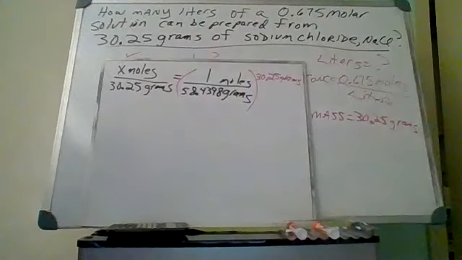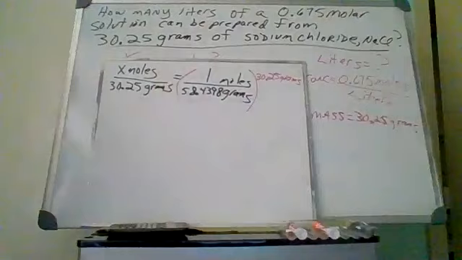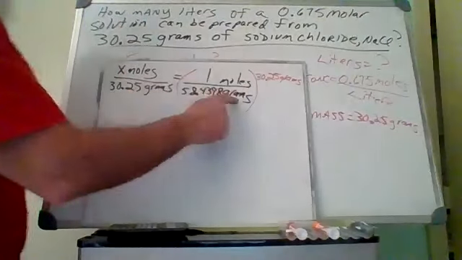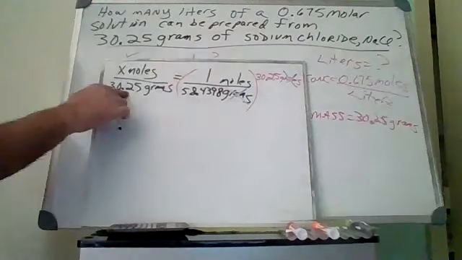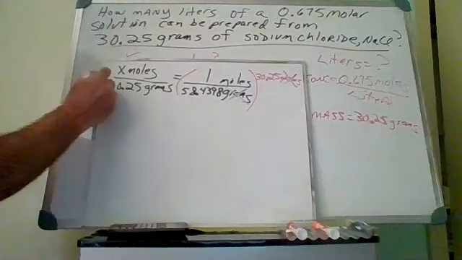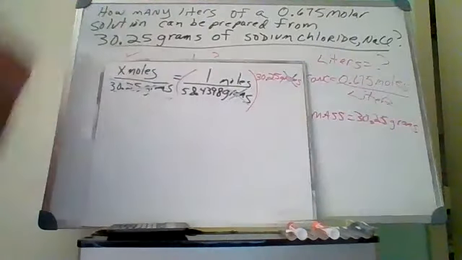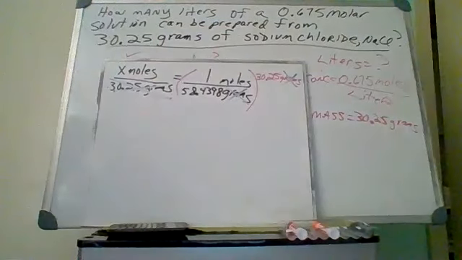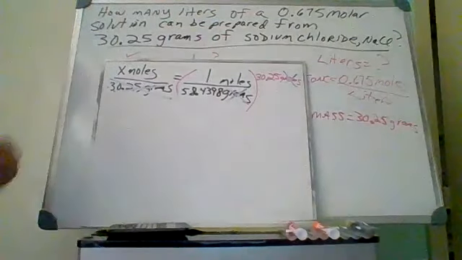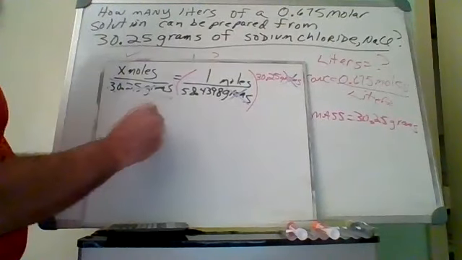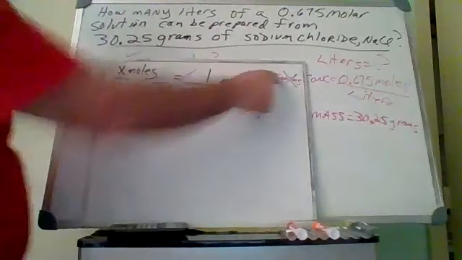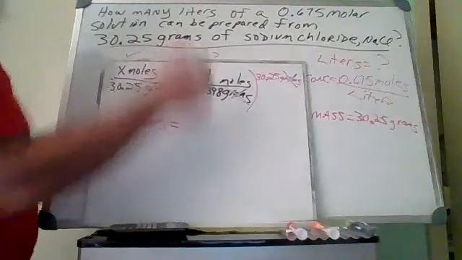And let's see, here I see grams divided by grams. So I can cancel those. And here I already moved the 30 grams over to the other side. So I can get rid of those there. Okay. Underneath, we're going to write what's left. X moles equals, I canceled the grams, so my only unit left is the moles here.